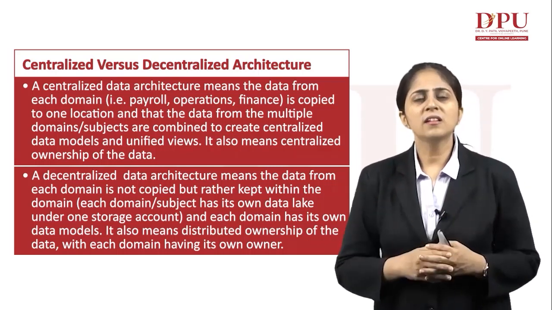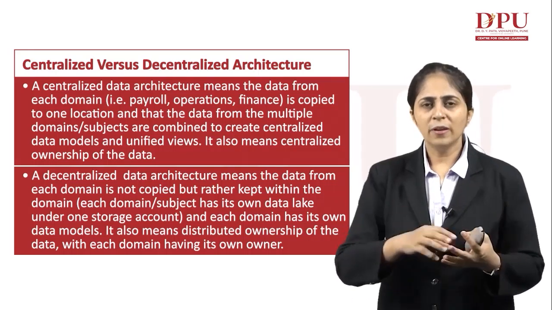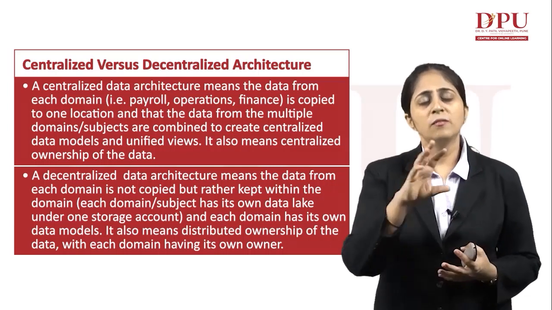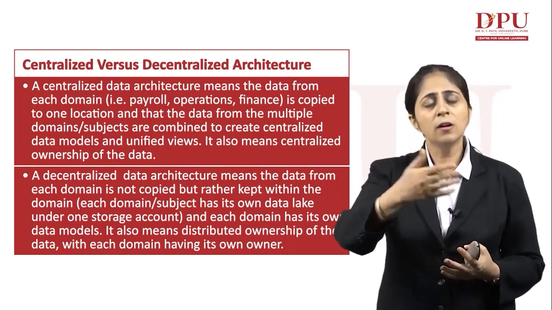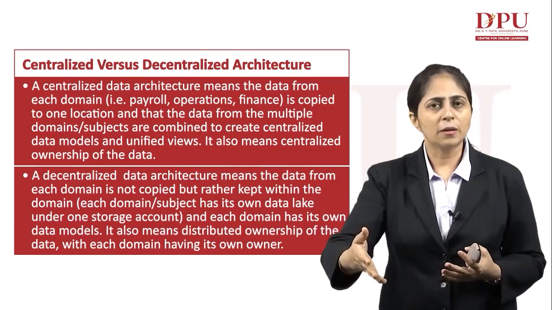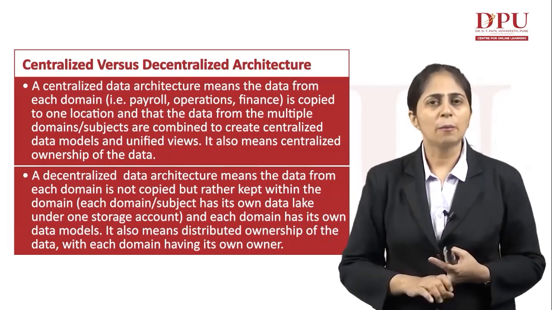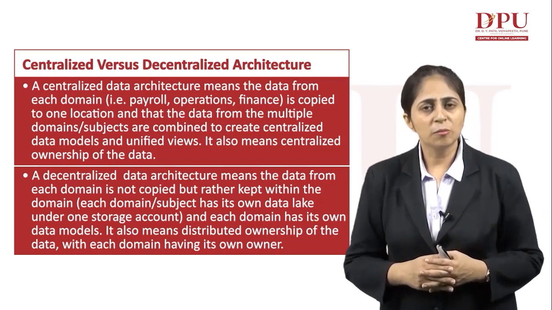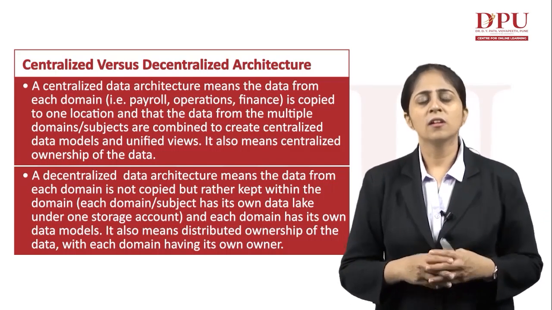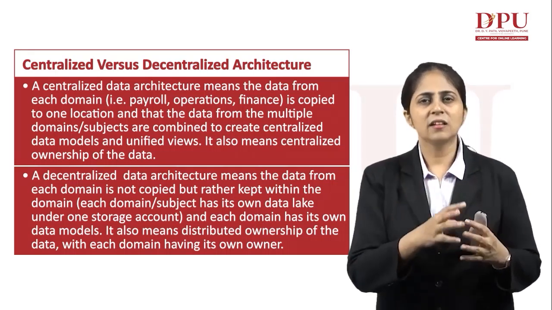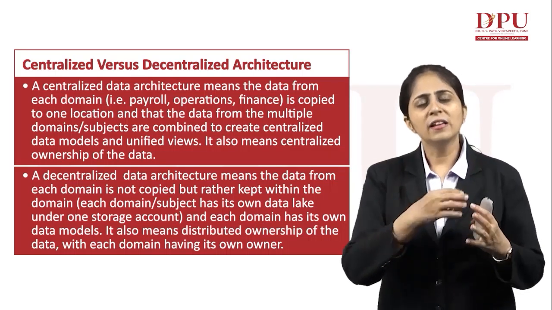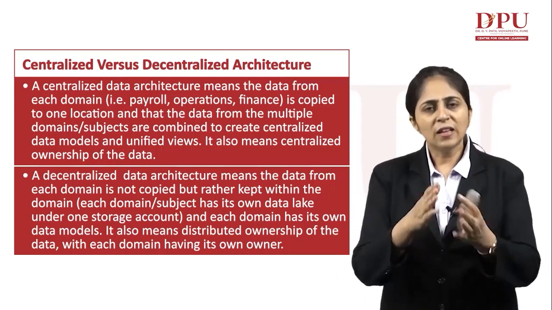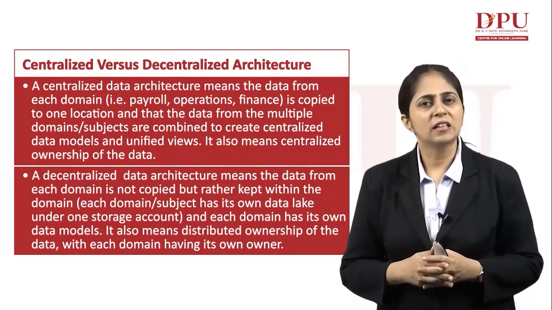So with decentralized or distributed data, different departments can have separate data lakes and separate data sources for different applications. When we have this type of architecture, with separate data lakes and separate data models, where each domain retrieves the data from that particular domain, that is called a decentralized data architecture.